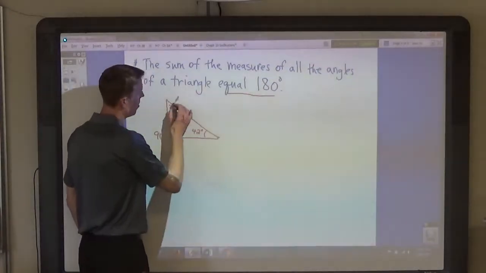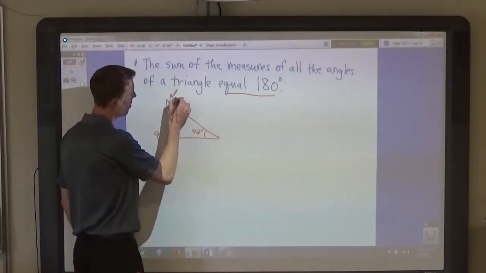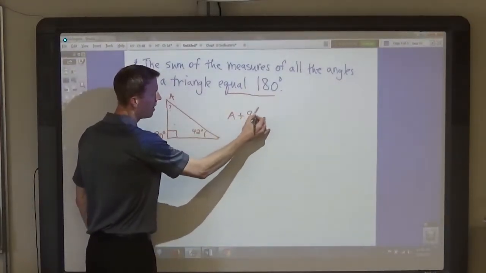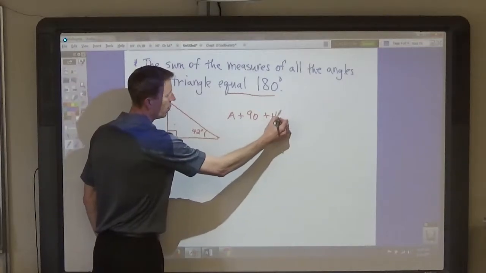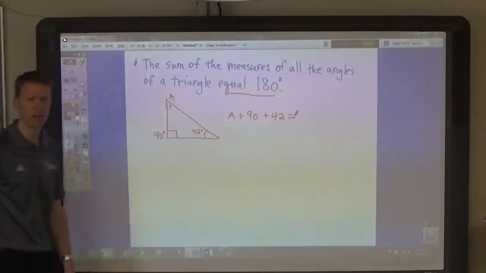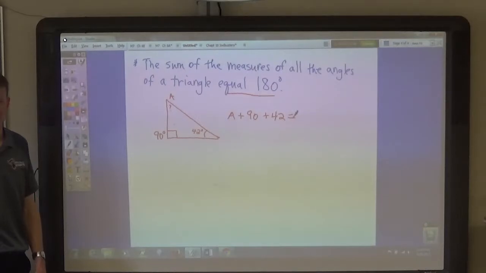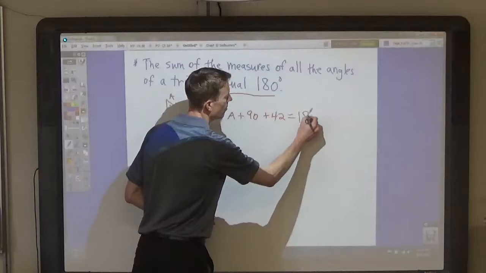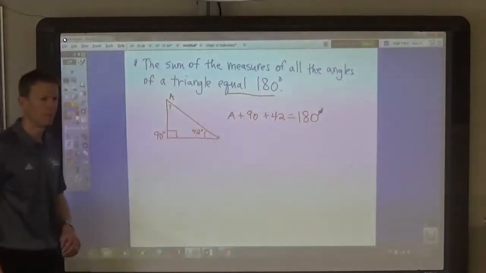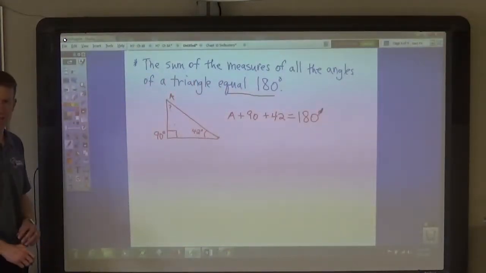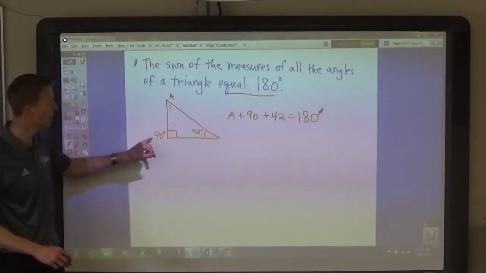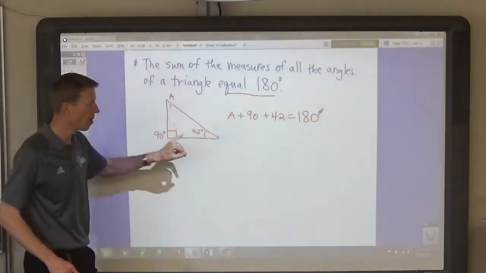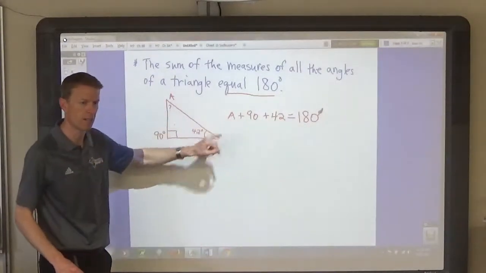Let's say we labeled this angle A. That would mean that angle A plus 90 plus 42 equals what? Danny? 180 degrees. So we can find the third angle. We can take away this much from 180 degrees and find the missing amount.